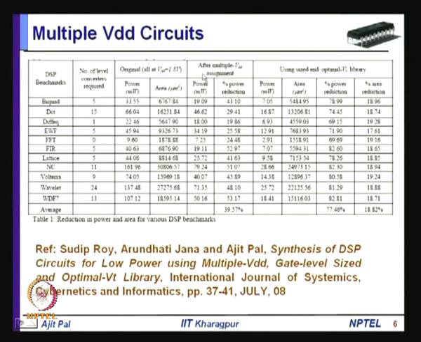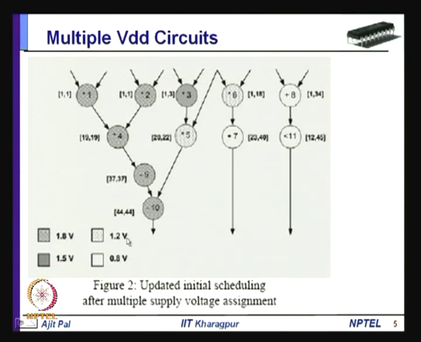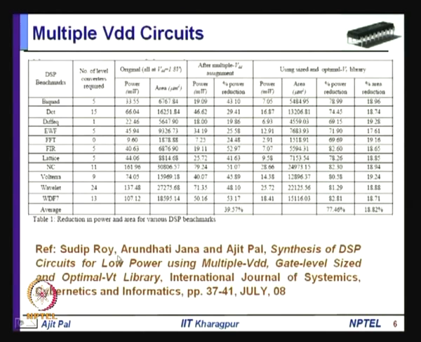On the other hand, if you use multiple voltages, 1.8, 1.5, 1.2 and 0.8, you can have significant reduction in power dissipation. You can see there is a power reduction of about 40%, 39.59%. So, there is a significant reduction in power dissipation.